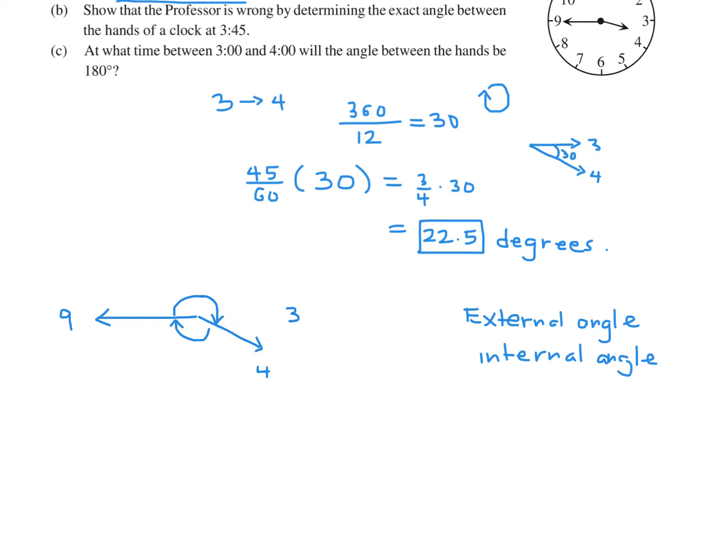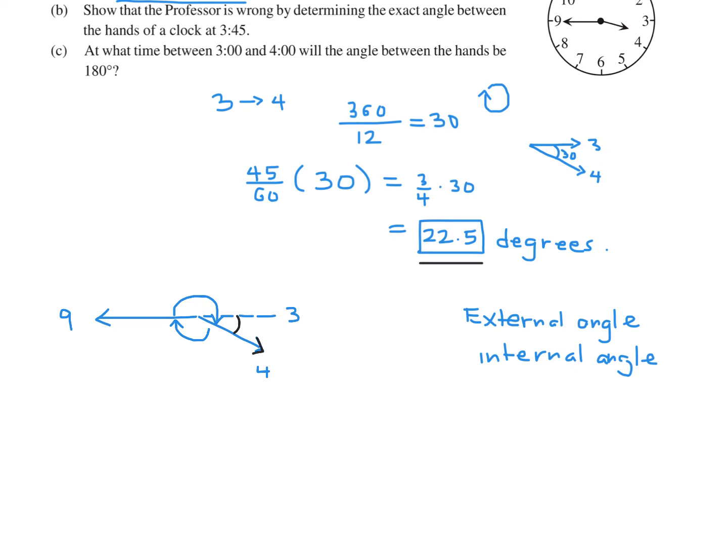I don't think there's any real genius method here. I'm just going to draw a dashed line here. We just figured out this angle in here was 22.5, when the hour hand goes from 3 to 3:45, because it is not pointing at 4.